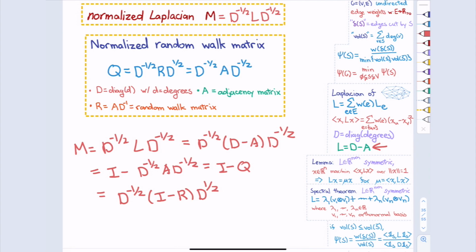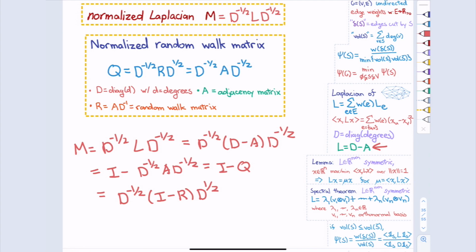Okay, so when I've rewritten a normalized Laplacian as d to the minus 1/2 I minus r d to the 1/2, what does that say about the relationship between m and I minus r? They're similar, and in particular that tells us they have the same eigenvalues.